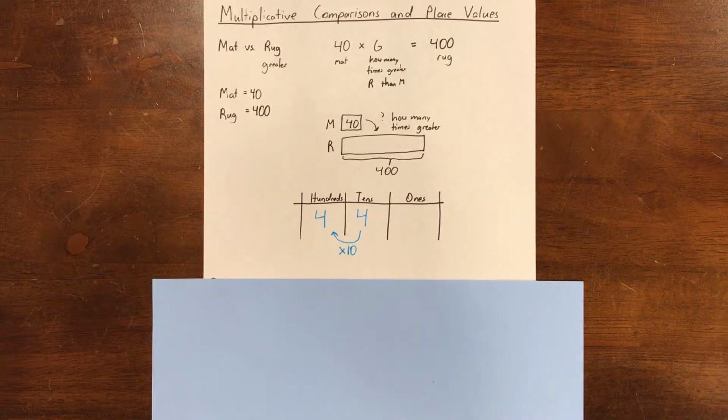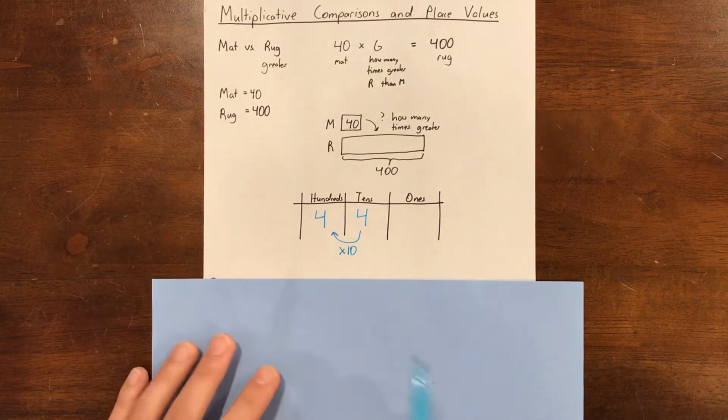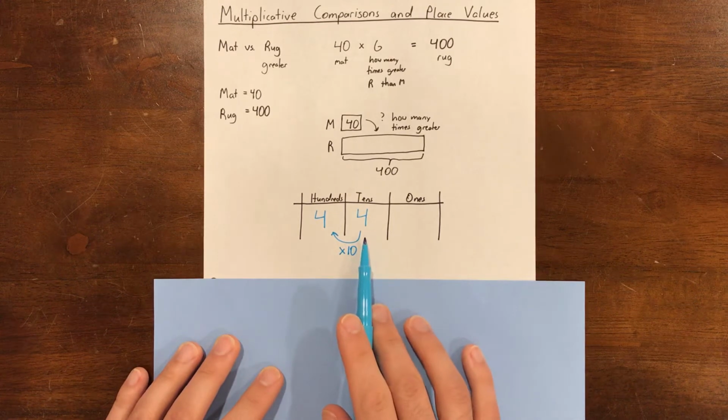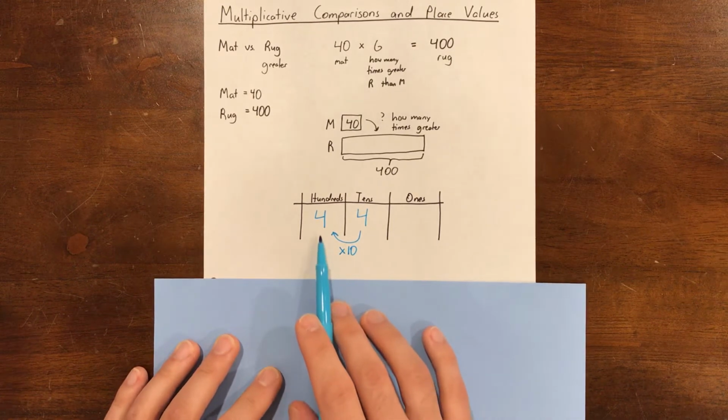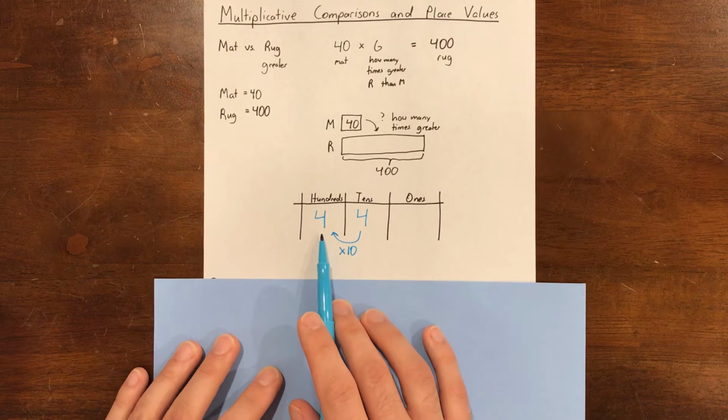Say it out loud. Because it takes 10 tens to make 100. So 4 tens times 10 would produce 4 hundreds.